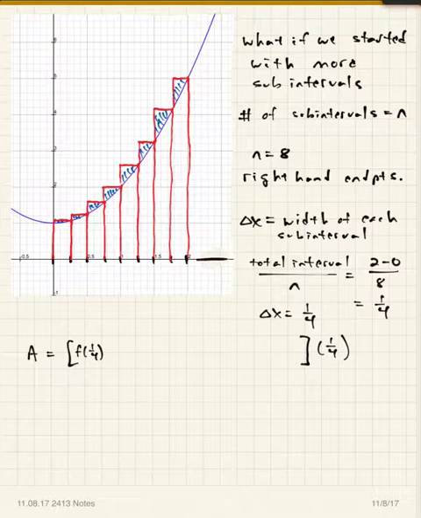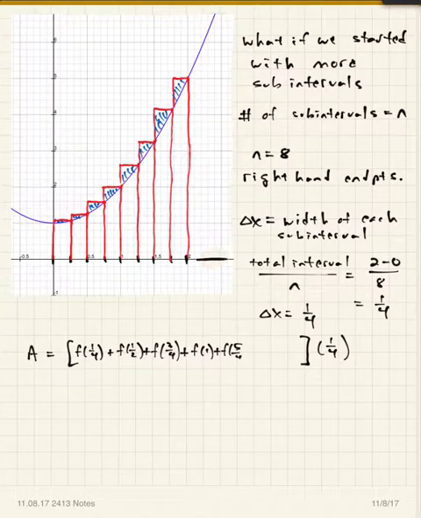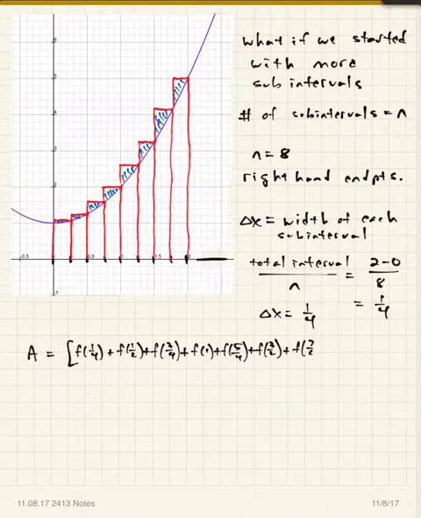I'm just going to use fractions all the way through this, plus f of 1/2, plus f of 3/4, plus f of 1, plus f of 5/4, plus f of 3/2, and I'm going to run out of room here, so I'm just going to erase this and continue to write these, plus f of 7/4, finally plus f of 2.